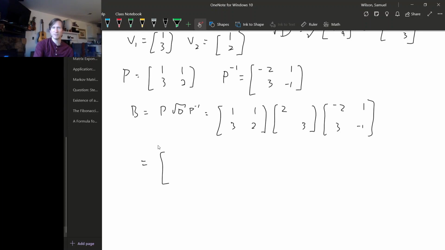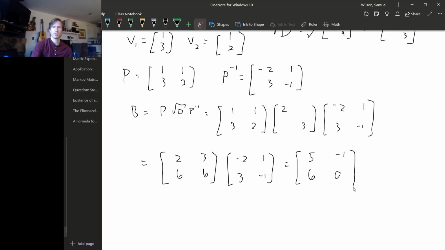So the product on the left, we're going to get [2, 3; 6, 6] times [-2, 1; 3, -1]. And then let's see, -4 plus 9, that's 5, and -12 plus 18, that's 6. And over here we got -1 and 0. So this is supposedly our square root matrix.